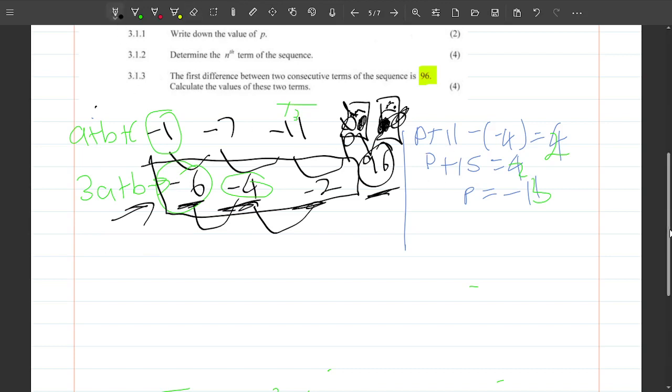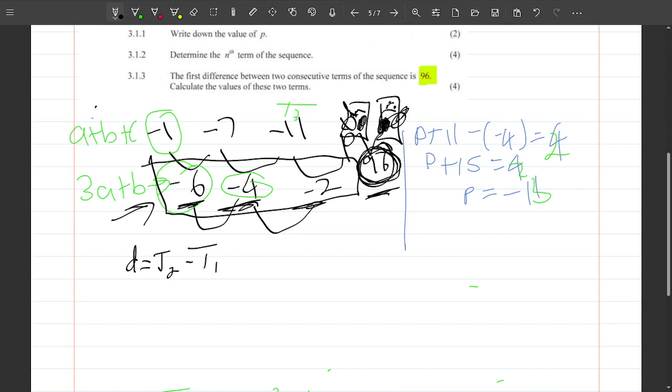To find it, you just subtract T2 minus T1, and I'll get a common difference. We already know what the common difference is. This is just a 2. So for those who may have been lost, the common difference would be T2 minus T1. Remember, we're trying to find the term number that will give me a 96.